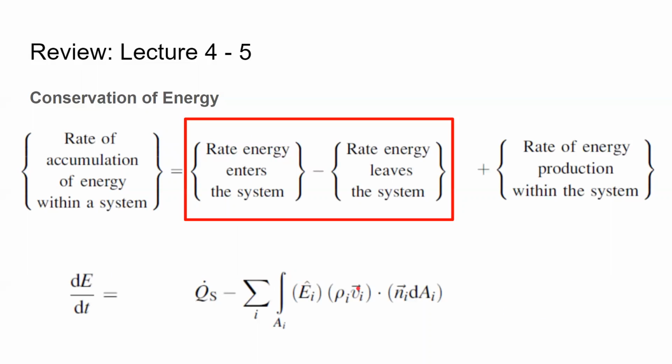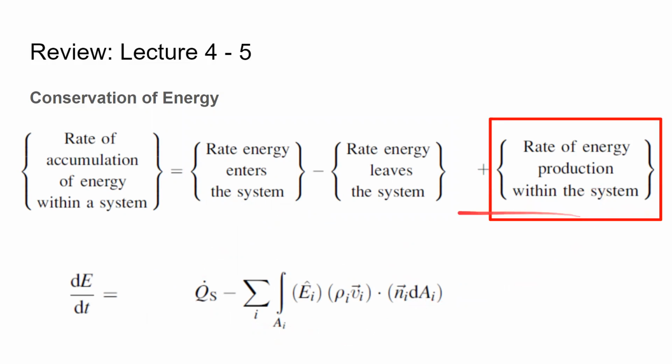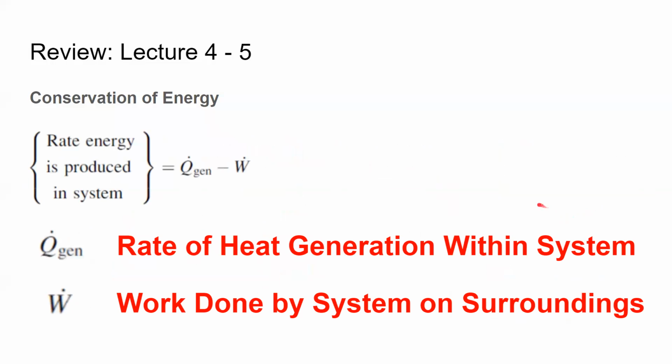Great, so we just talked about the rate energy that enters the system and leaves the system as described right over here. Now let's talk about the rate of energy produced within the system. So for the rate energy produced in the system, we have two terms. We have Qgen, generation.